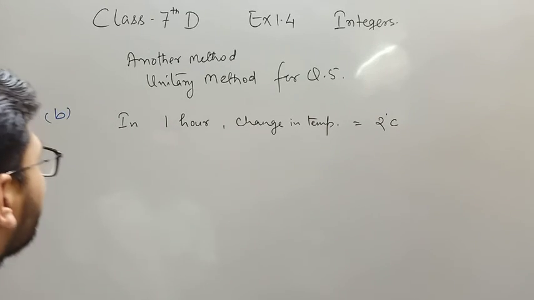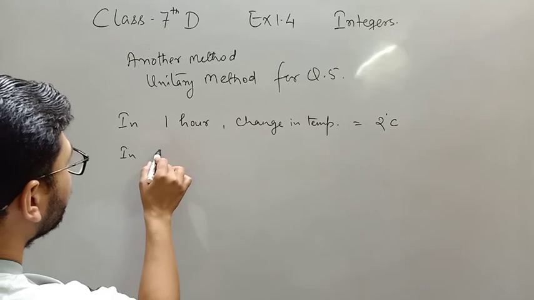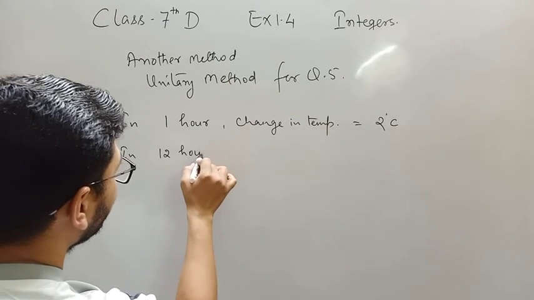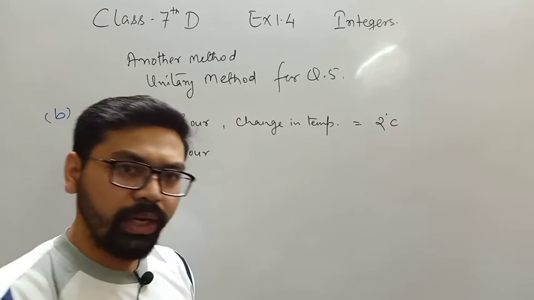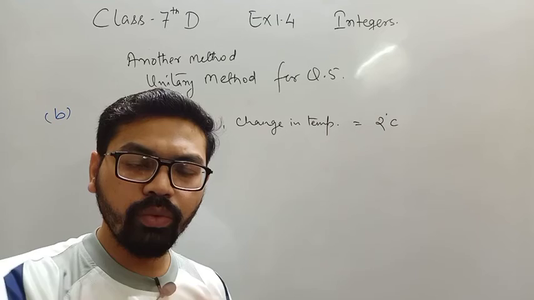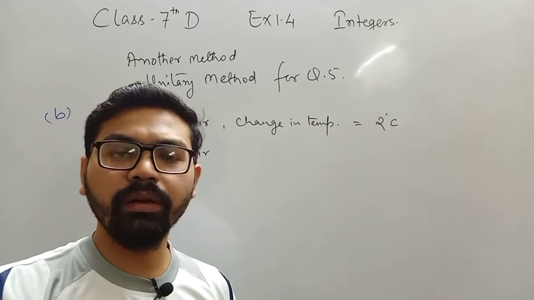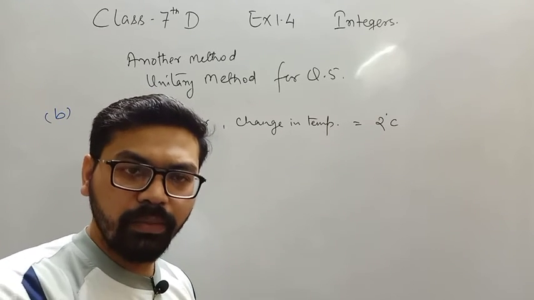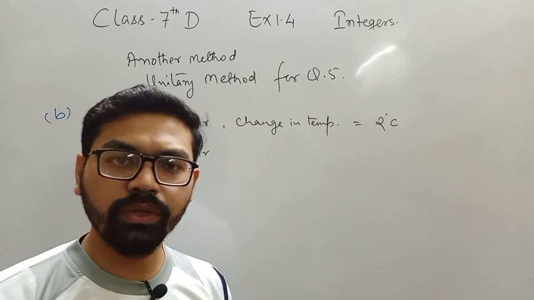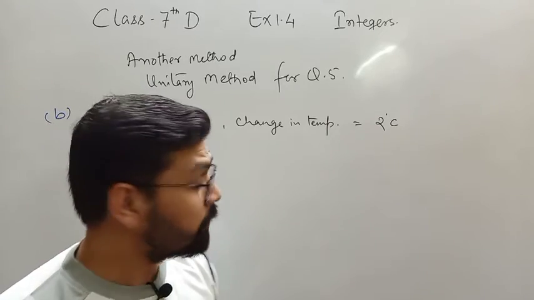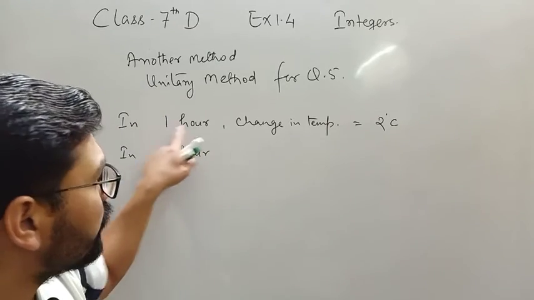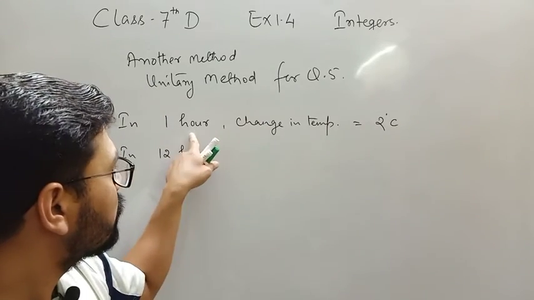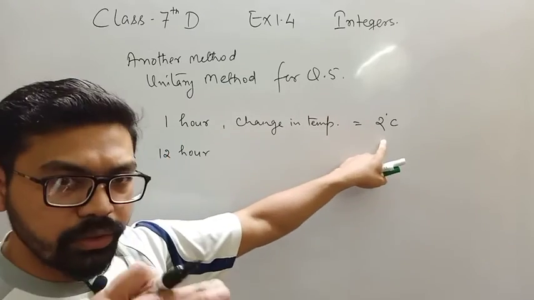Okay, so in 12 hours, why I'm taking 12 hours? From 12 noon to 12 midnight, right? दिन में 12 बजे से रात को 12 बजे तक बेटा कितने आवर्स हो जाएंगे? 12 hours will be there. So 1 hour में बेटा कितना चेंज हो रहा है? So in 1 hour the temperature is reduced by 2 degrees Celsius.